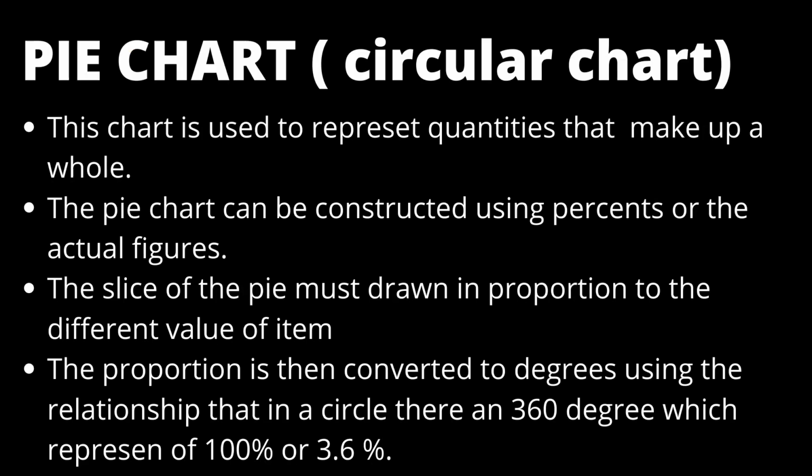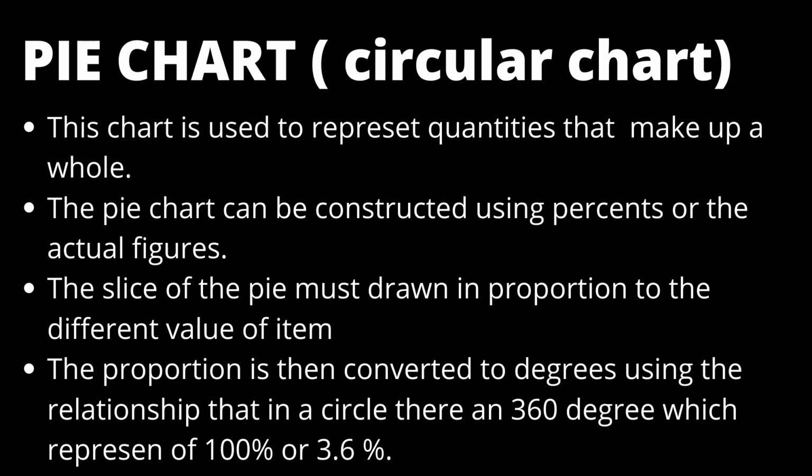Pie charts are known as circular charts. This chart is used to represent quantities that make up a whole. The pie chart can be constructed using percents or the actual figures. The slices of the pie must be drawn in proportion to the different values of the items.